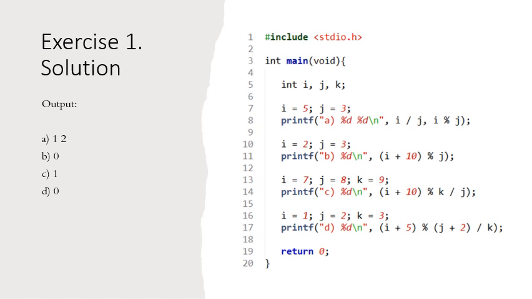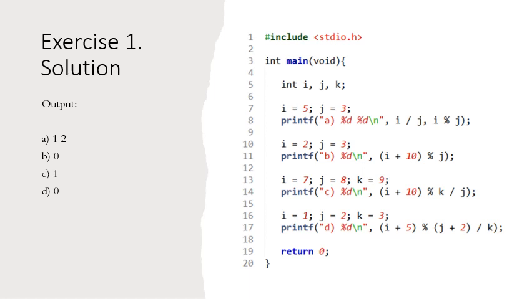Now, what has the higher precedence, percent or the division? We know that your remainder operator and your division operator have the same precedence. So we are now following the associativity rule. We know that your remainder and your division operators are left associative, so we will be grouping from left to right. We will group the result of the I plus 10, then remainder k, and then you evaluate that one.